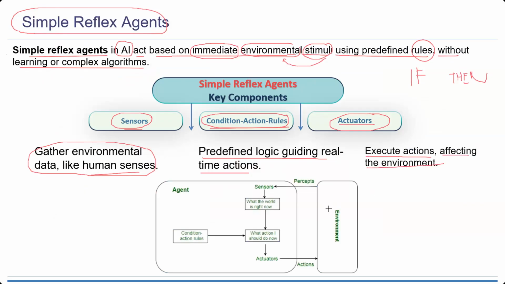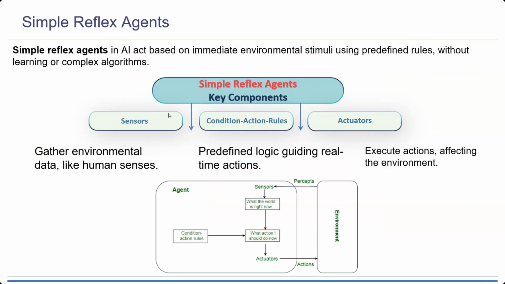So from the environment, the sensors perceive what the world is like right now, then the condition-action rules decide what action I should do now, and the actuators act on the environment. This is the simple reflex agent.